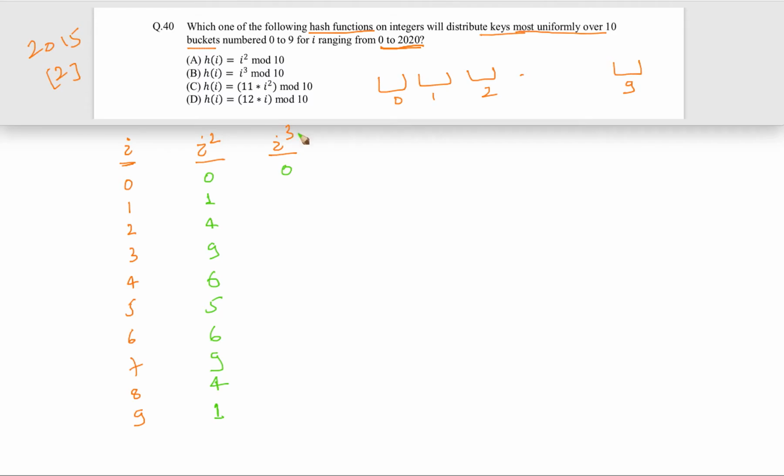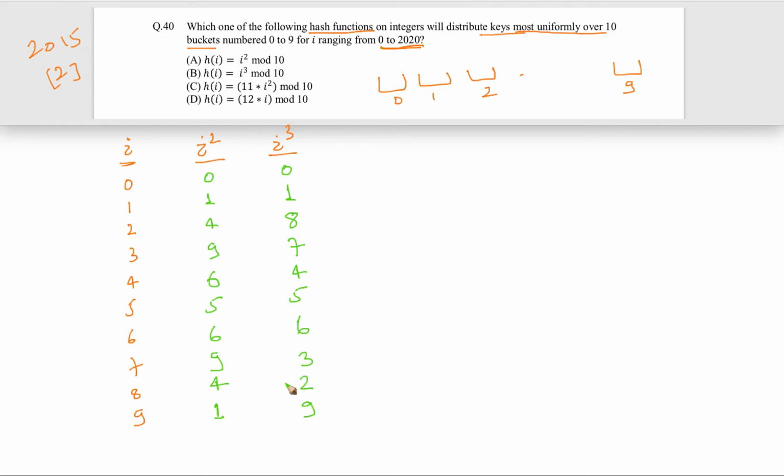Let's talk about I cube. So I cube mod 10 is basically 0, 1, 8, and then 7, and then 4, and then 5, and then 6, 3, 2, 9.